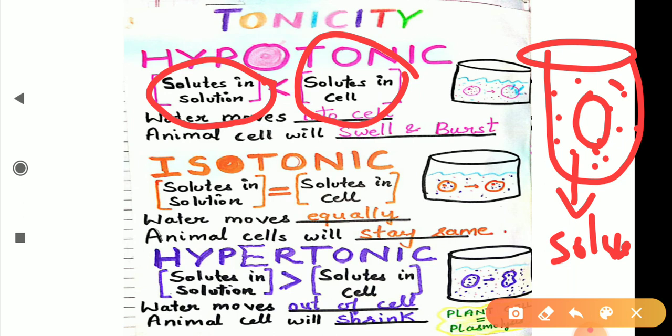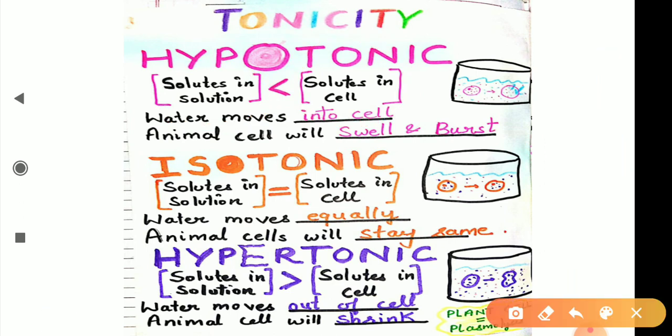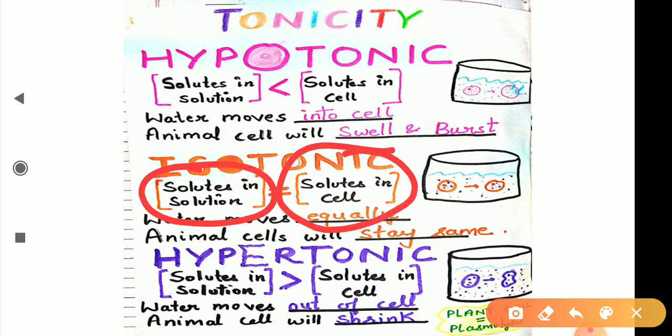Okay, and in this case isotonic, the solutes in the solution are equal to the solutes in the cell. So there is no movement. Now don't get confused, we were talking about the solvent for the movement, but for the concentration we need to talk about the solutes. जो solutes की amount पे depend करता है कि solution hypertonic है या hypotonic है या isotonic है.